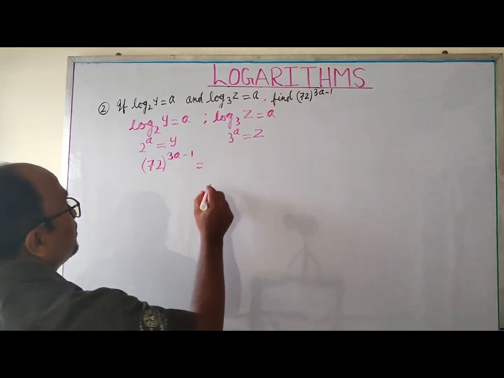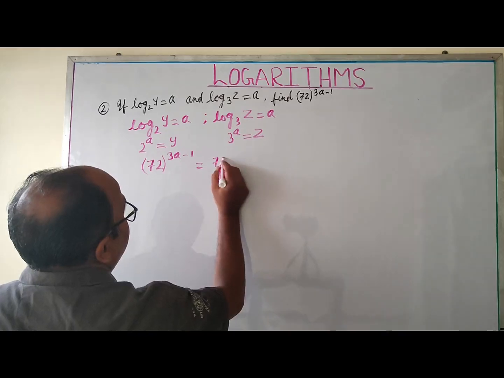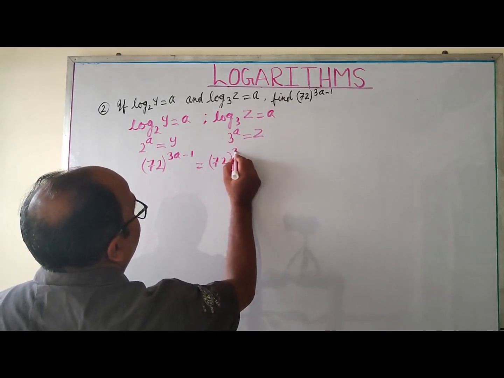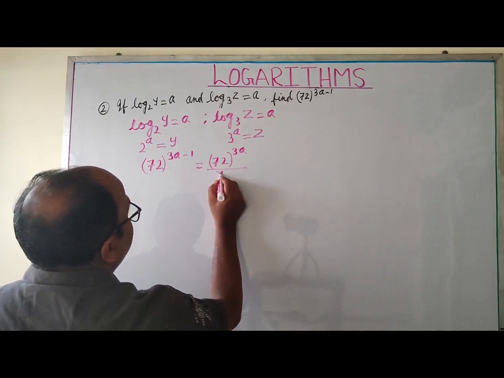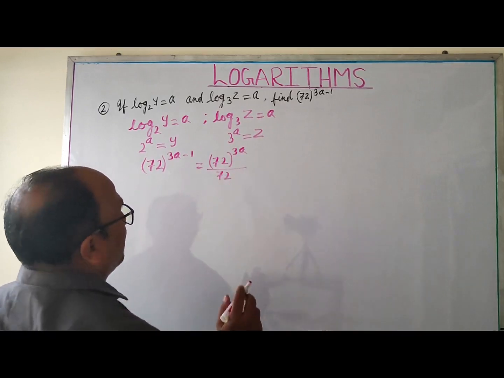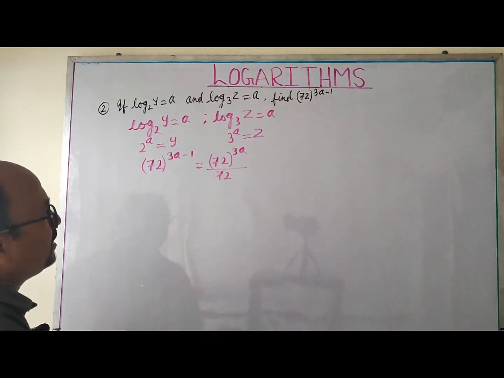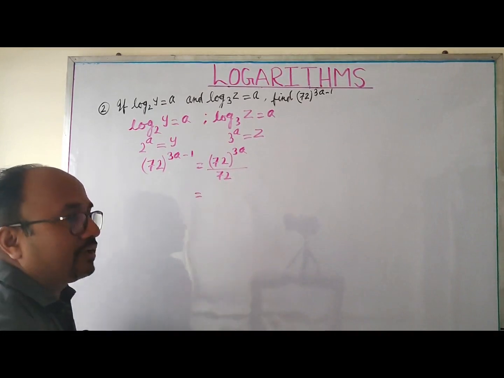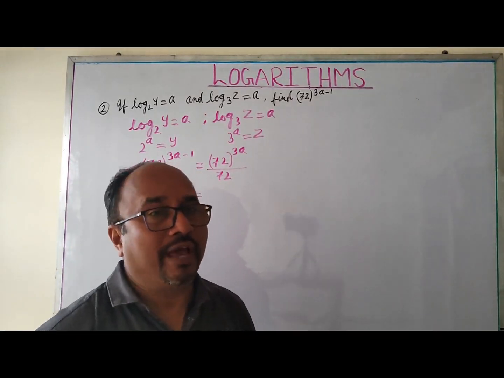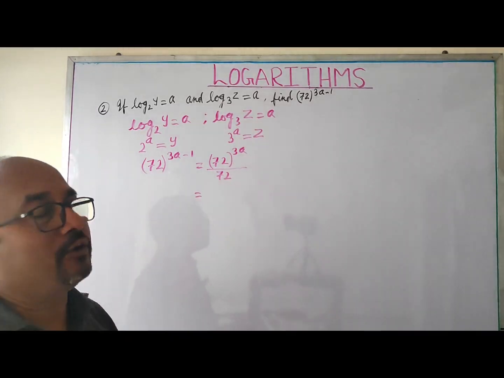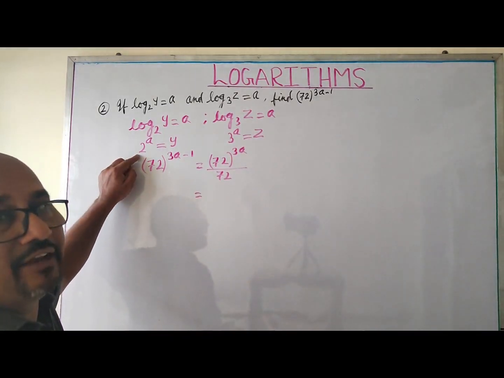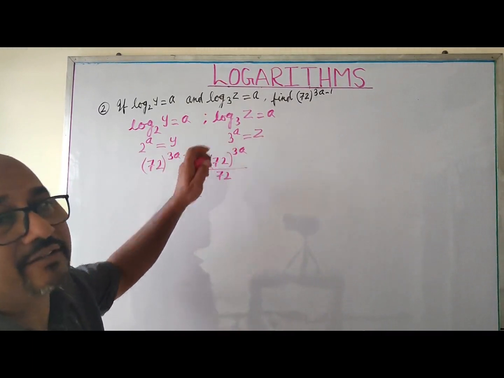So this I can write as 72 to the power 3a by 72 to the power 1, which is not necessary to be written. Now this 72 you know is 8 into 9. Why am I talking about 8 into 9? Because we know the values where the base is 2 and 3.